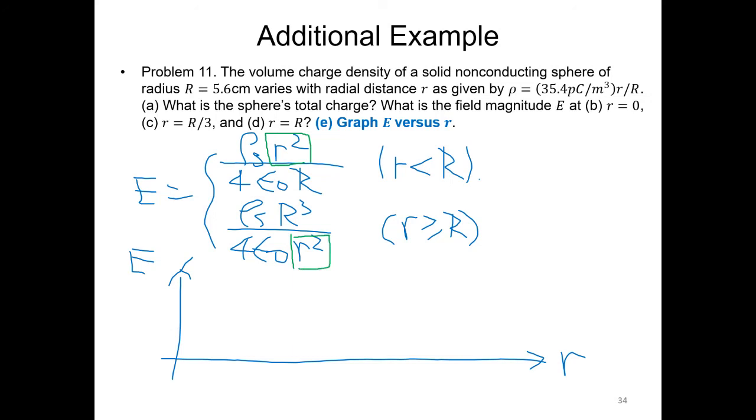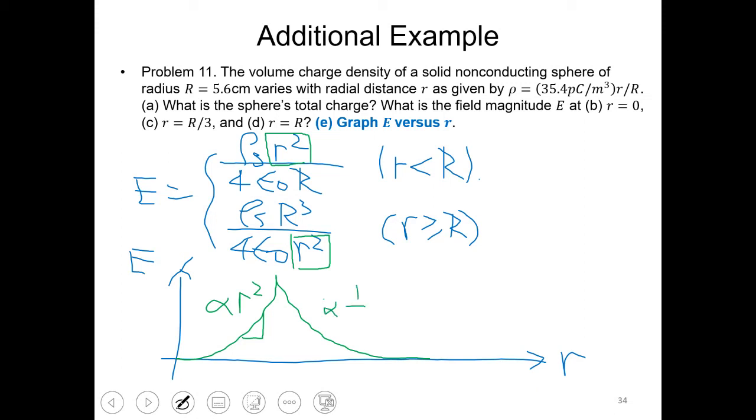So it will become like this. This part is proportional to r squared, and this part, inversely proportional to r squared, would be something like this. And then this is R.